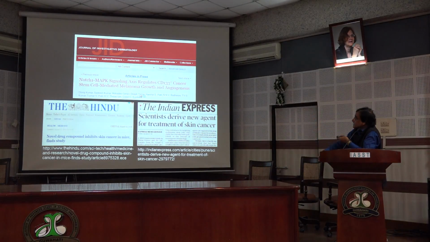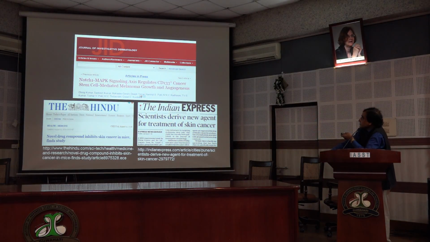So this paper recently came out in the Journal of Investigative Dermatology. Because this is a druggable molecule, we don't call it a drug, because it needs a lot of further experiments.